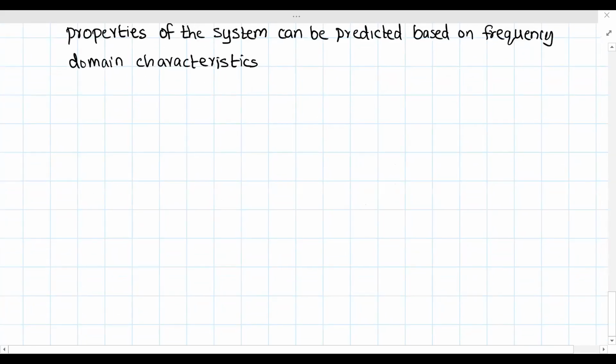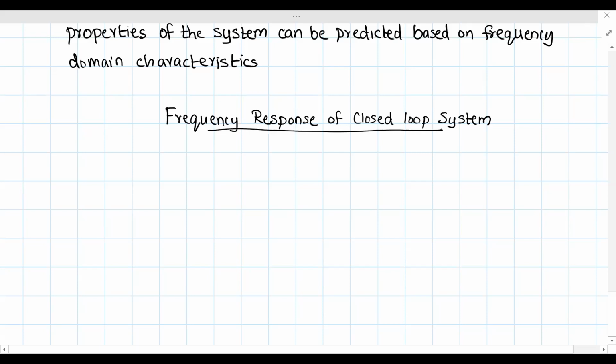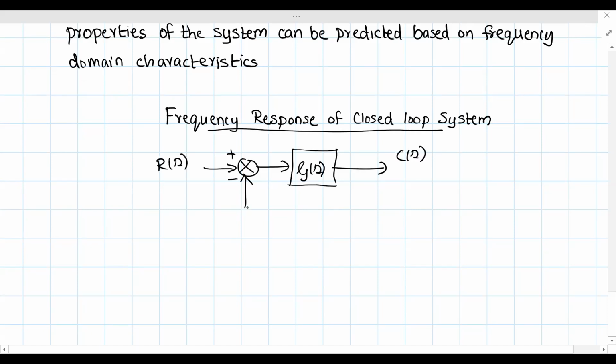Now, next heading, frequency response of closed loop system. Okay, suppose you have a feedback system like this. G(s), this is a negative feedback. This is R(s), input signal. C(s) is the output signal.